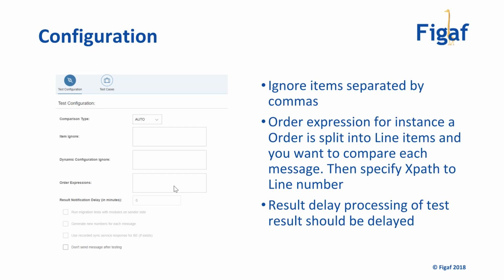Then you obviously want to match line number 10 with line number 10. The way you do that is by putting in an XPath expression that points to line number 10 in the receiving document. That way they will be ordered the same way, and it will see, okay, I have an element here with line number 10, so I need to compare it with this line number.